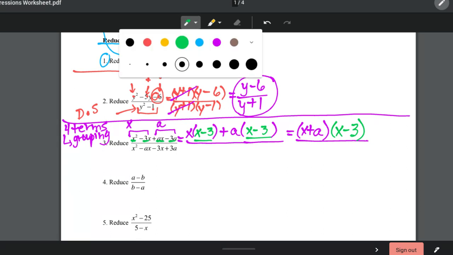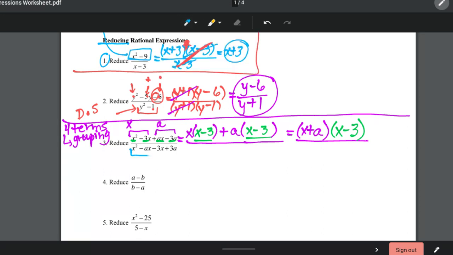Now let's do that with the denominator. So I'm going to group again. Let's see. The greatest common factor of the first 2 looks to be an x. The greatest common factor of the second 2 looks like they both have a 3, but you see how there's a negative in front of that 3? Factor out a -3. So I'll factor an x out of the first group, -3 out of the second group.